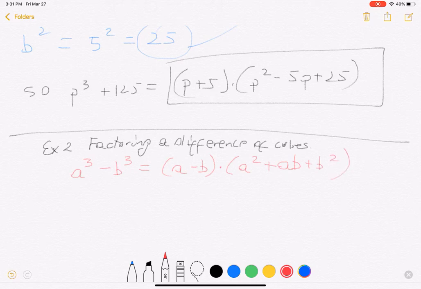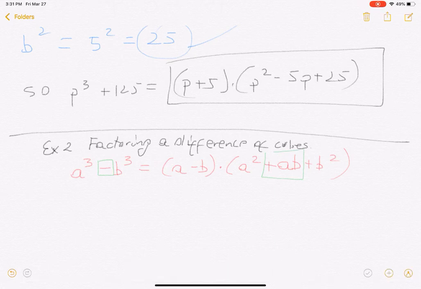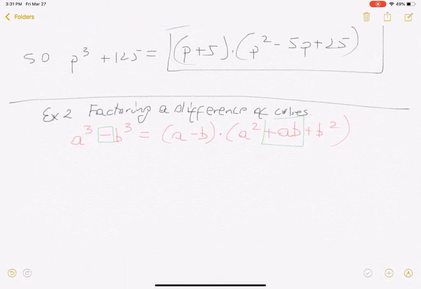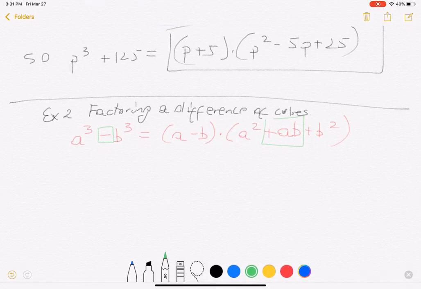Okay, so pay attention that we have a minus, and the second parenthesis in the middle has plus. So that's what we have to pay attention to. Okay, example A. Let's factor completely 27p to the third power minus 1000q to the third power.